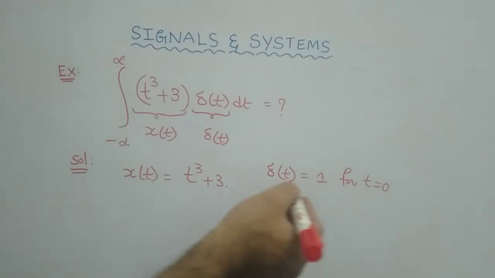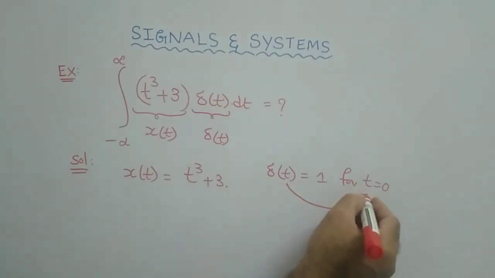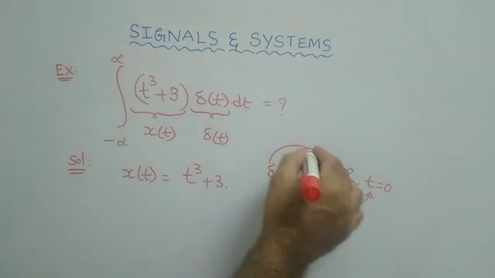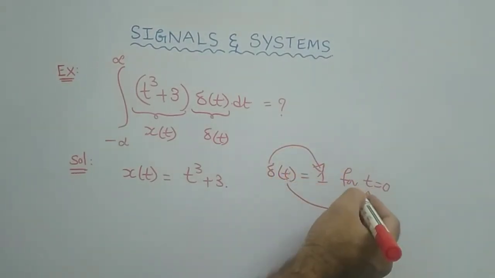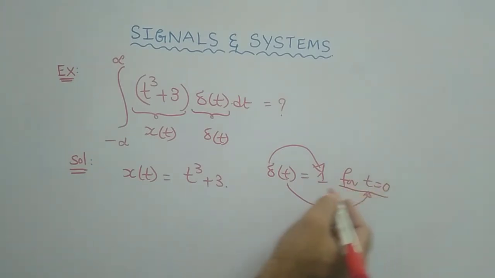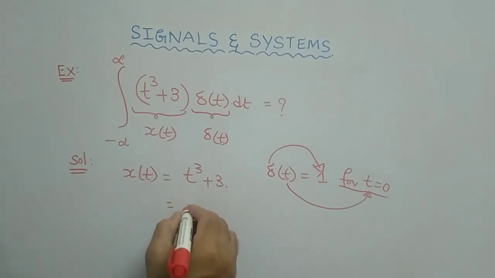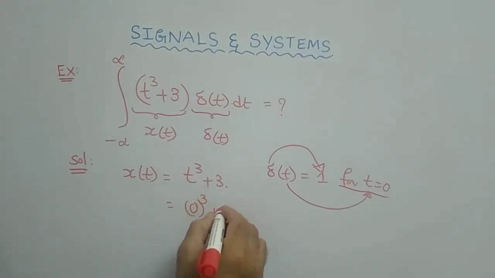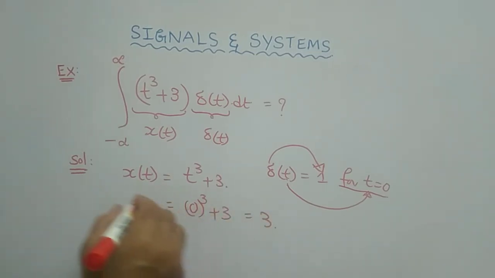It is direct actually. Therefore, for t equal to 0, your delta becomes 1. So this t equal to 0 value, you substitute in x of t. Wherever t is there, you substitute 0 cube plus 3. Therefore, obviously, here also you will get your answer as 3.